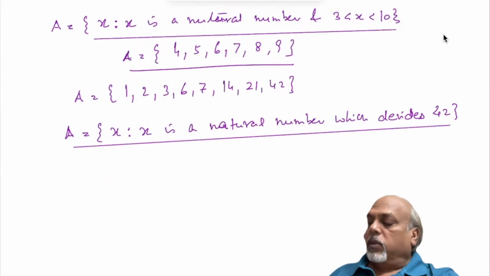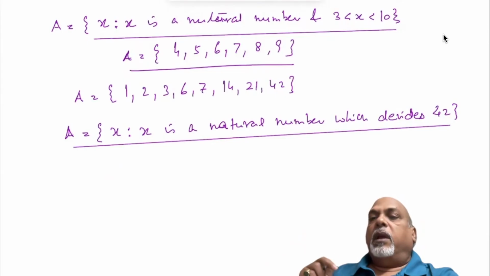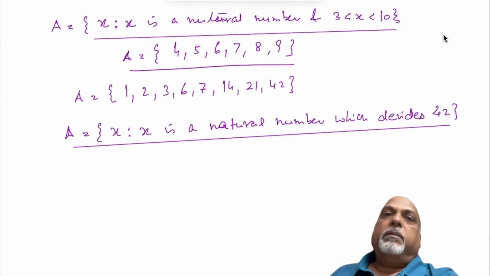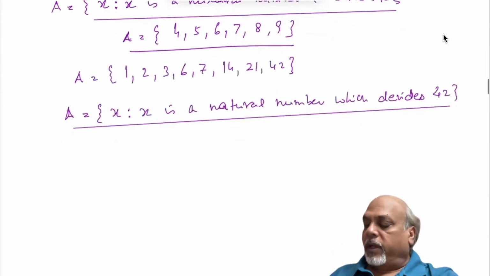Correct? So this is how you can represent your set. There are two methods of representing a set. We have learned one is roster form and another one is set builder form. Correct? Now let us go further.